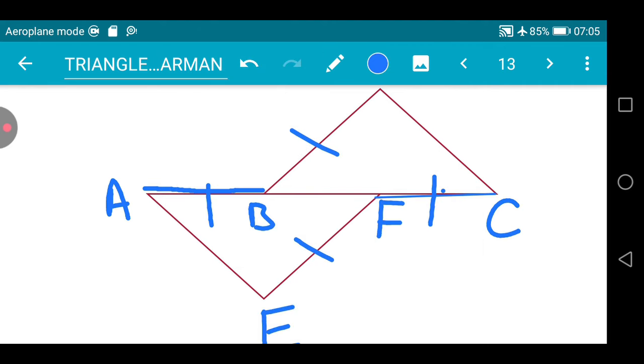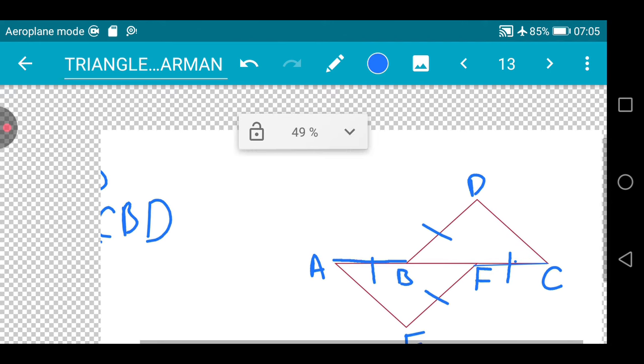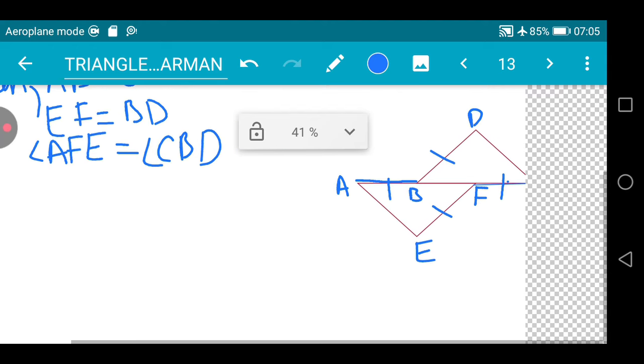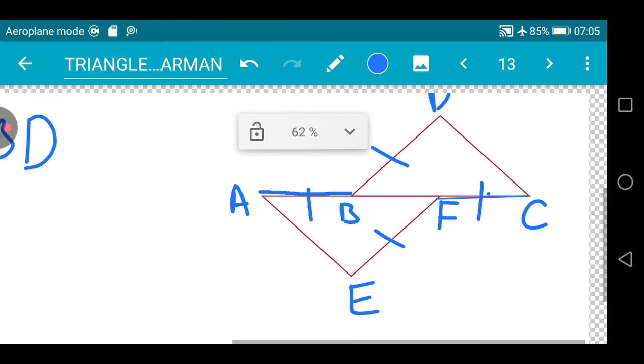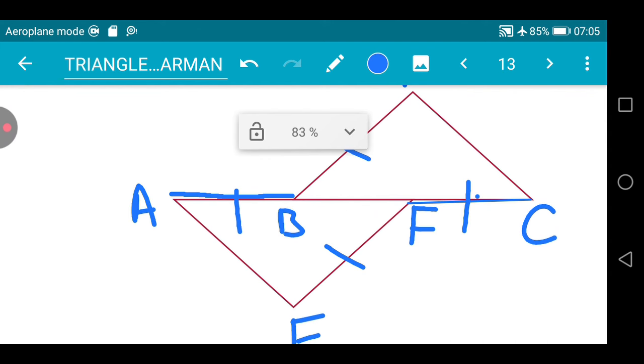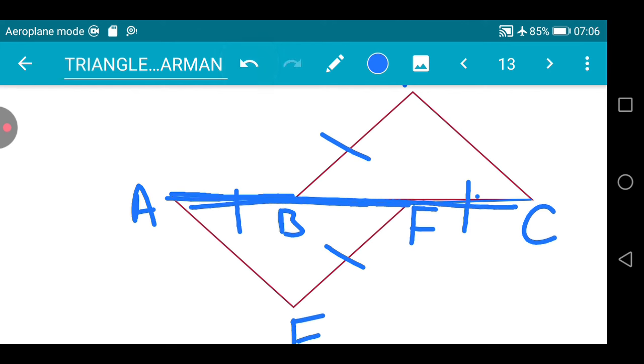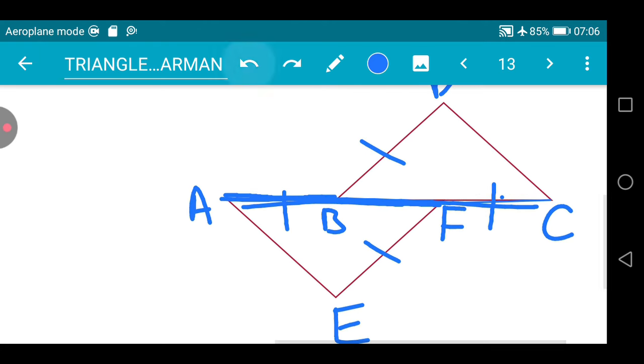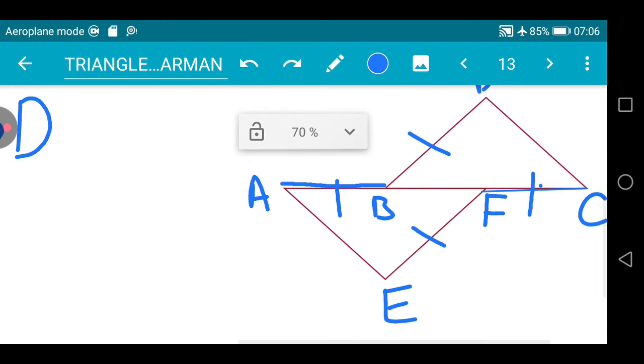Now how can we proceed? If AF were equal to BC, then these triangles would be congruent. But we have only AB equal to CF.